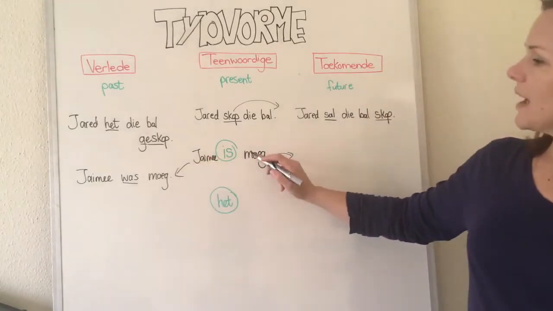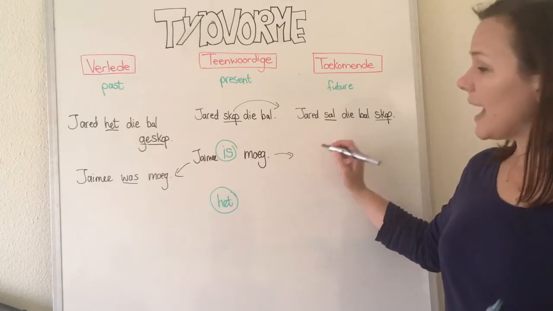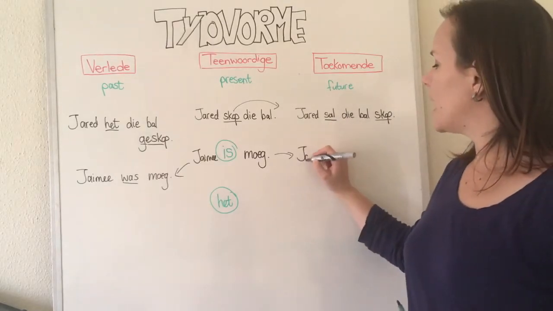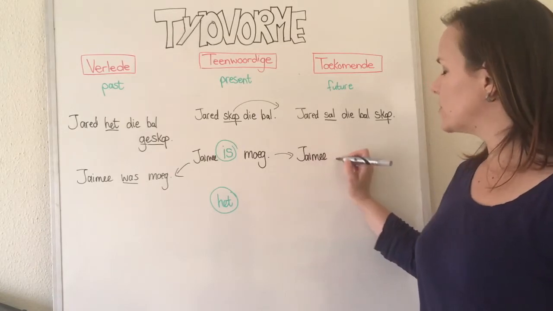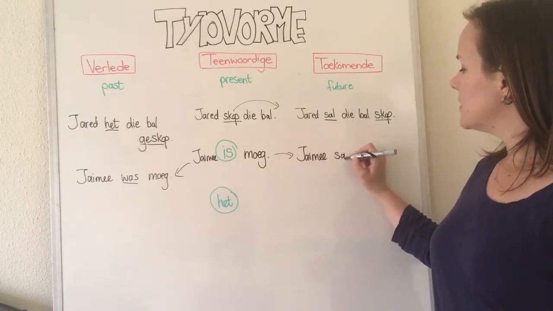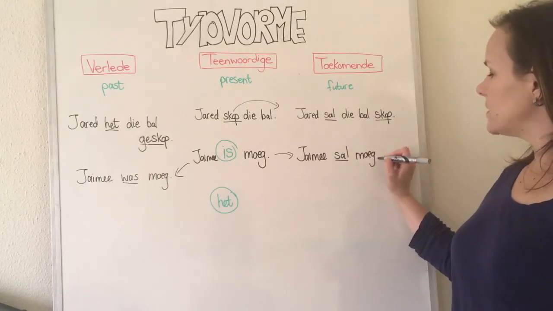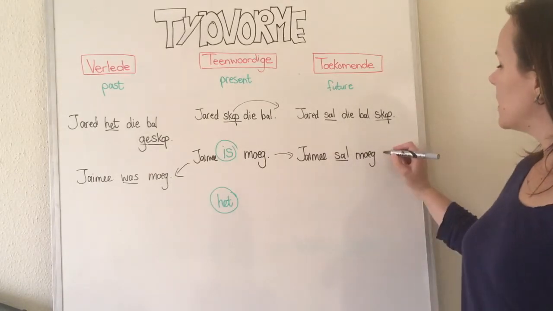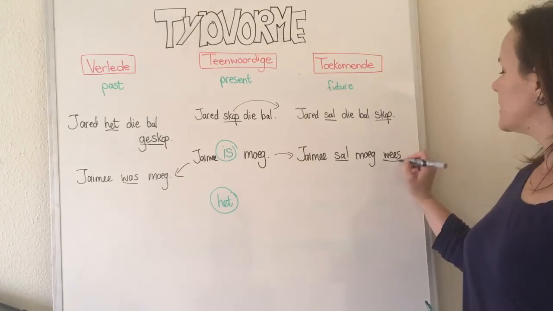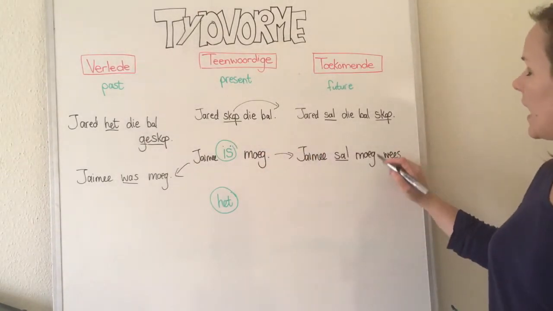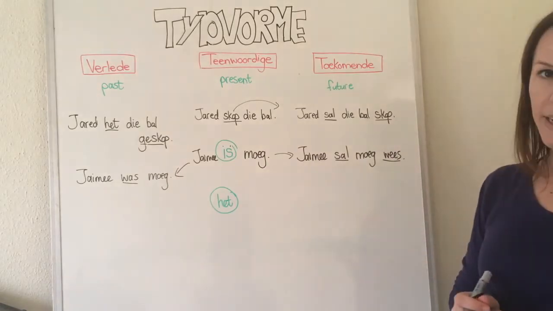In the future tense, we will still add sal the way that we did at the top there. So we have our subject still, Jamie, sal, and then the rest of my sentence, moeg, and then I'm going to add wees. So is becomes wees and it moves to the end of the sentence.